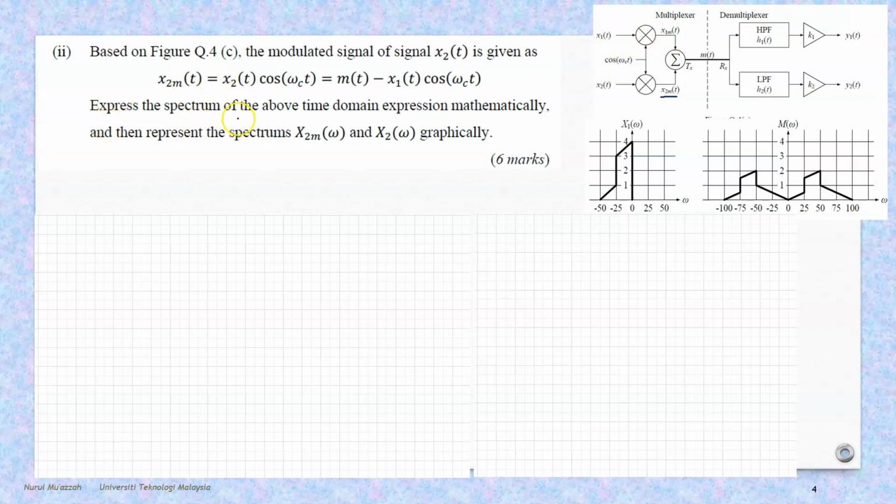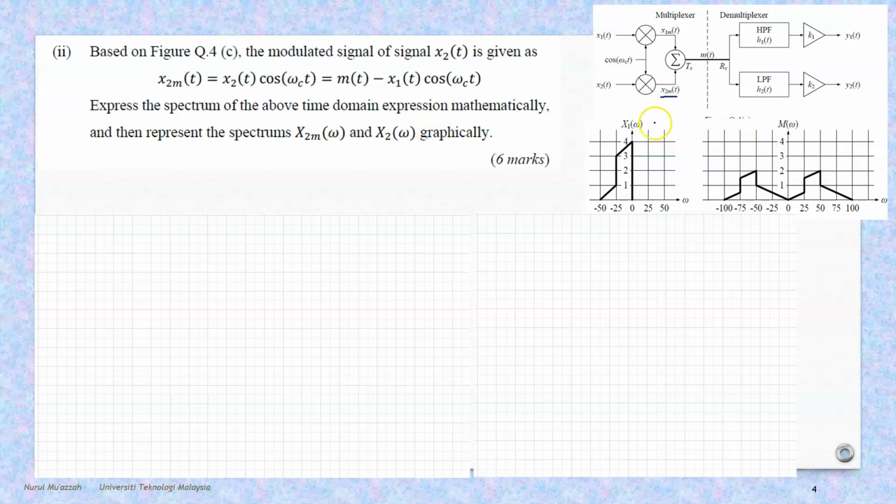So express the spectrum of the above time domain expression mathematically, and then represent the spectrum X2m(omega), which is the Fourier transform of x2m(t), and also X2(omega), graphically.